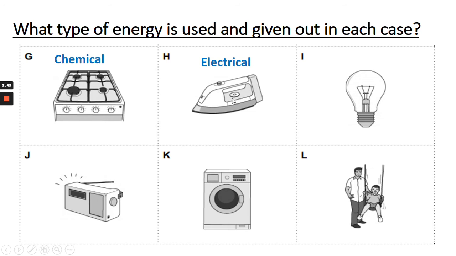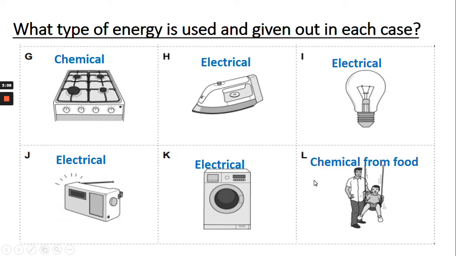For an iron, it uses electricity, so we call that electrical energy. For a light bulb, it is the same. For a stereo, it's electrical energy. Washing machine, electrical energy. And for a man pushing a swing, the man actually uses chemical energy from the food. So all of us use chemical energy stored in food.